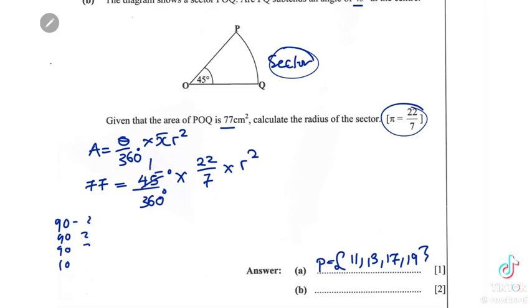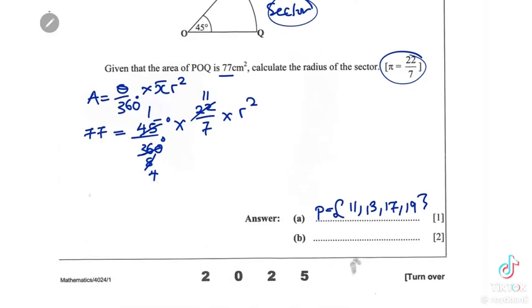So 45 into 45 is 1. 45 into 360 is 8. So that you should know. Then I can reduce 8 and this 22. So 2 can go into 22 eleven times. 2 can go into 8 four times. So what am I remaining with on this side? I'm remaining with 77 is equal to 1 over 4 multiplied by 11 over 7 r squared.